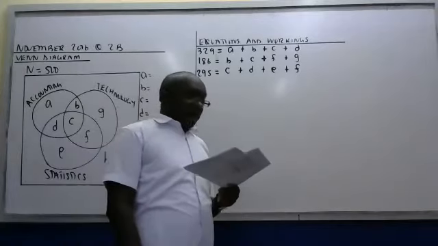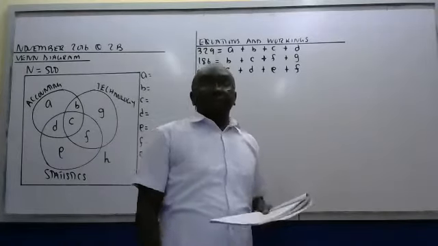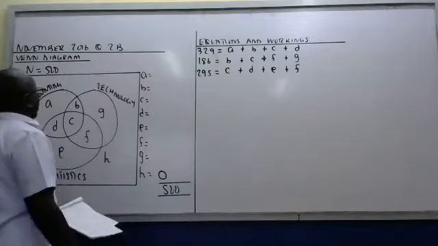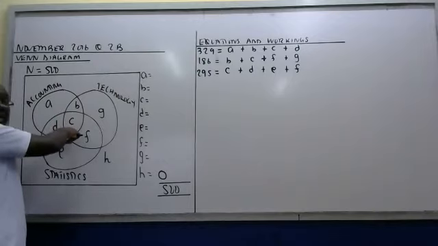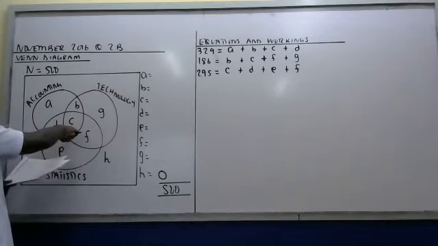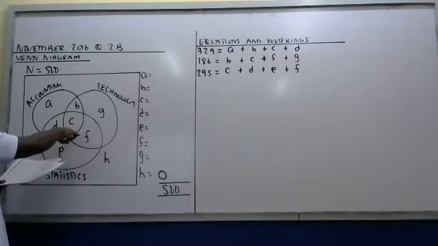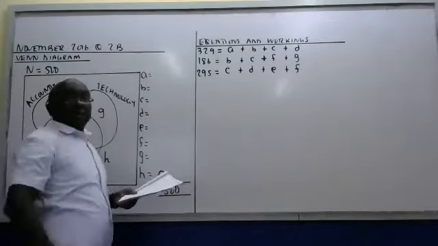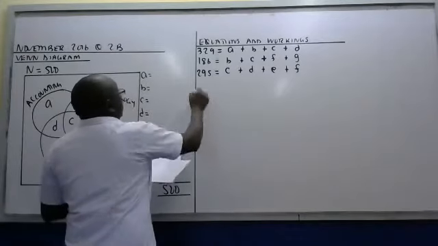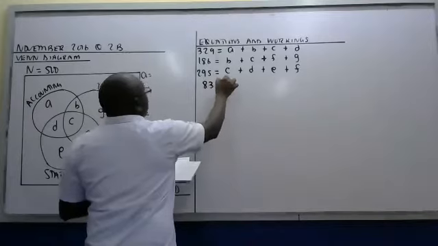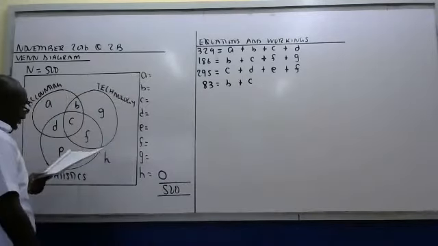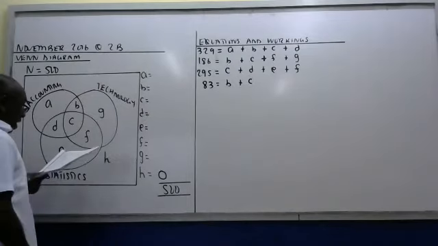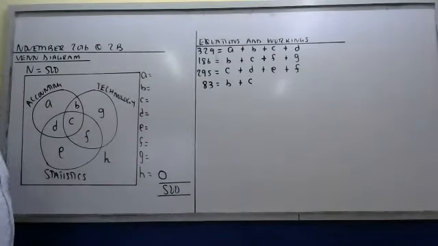83 were enrolled for accounting and IT. Accounting and technology, the intersection is BC, yes? So 83 is B plus C. 217 were enrolled for accounting and statistics.